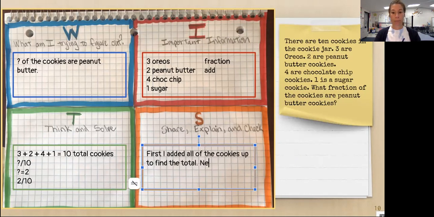Next, I found the number of peanut butter cookies. Finally, I know my answer is 2/10.